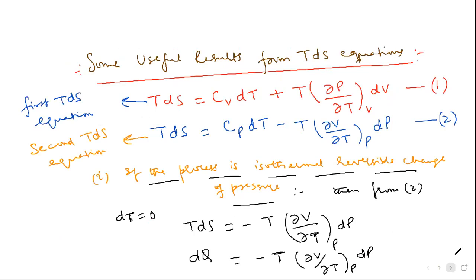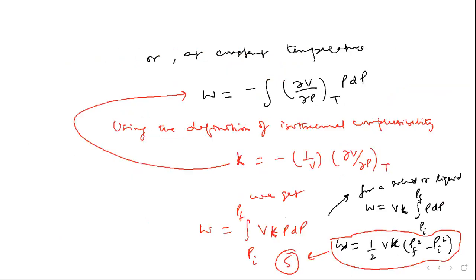So what will we get? Sometimes we approximate it, ignoring the initial pressure compared to the final pressure. We just approximate it as half V kappa Pf square, right?